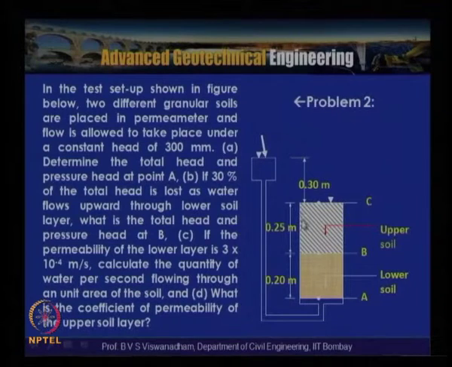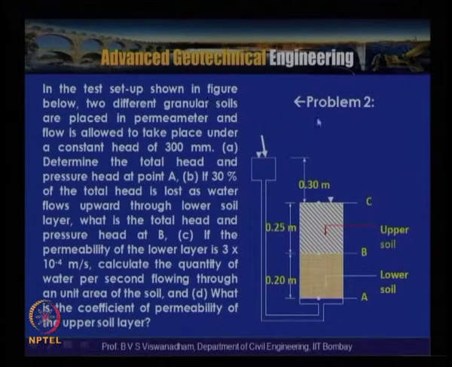Upper soil layer has a thickness of 0.25 meter, and lower soil layer has a thickness of about 0.2 meter, and this is level A, this is level B. The level B is the interface between the lower soil and upper soil, and there is level C at the top surface of the upper soil.